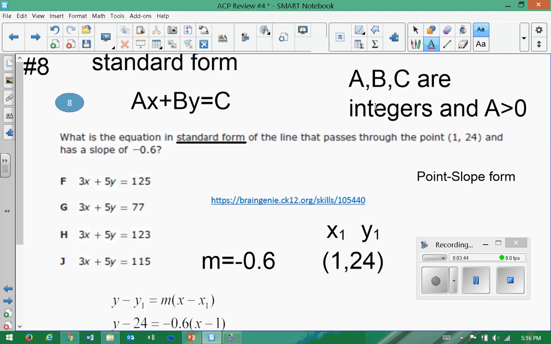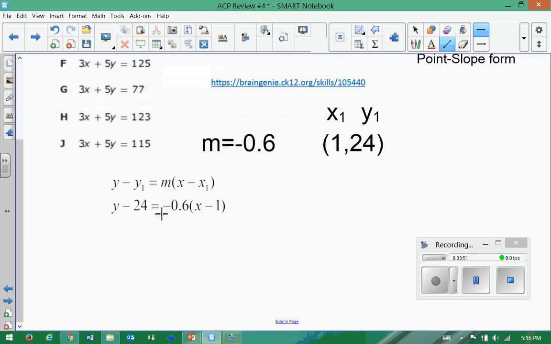And so since A, B, and C are integers, I want to get rid of this decimal. Now, one surefire way to get rid of the decimal is to multiply by the decimal place. This is 6/10. I could multiply by 10.